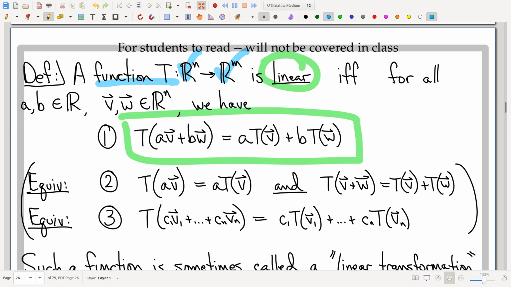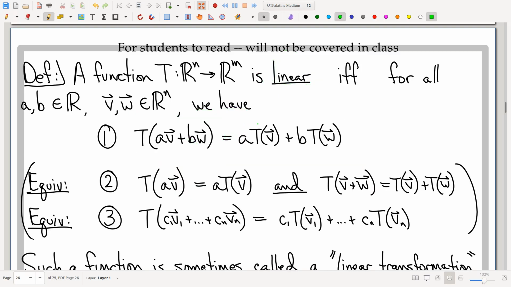But for such a function, linear just means this right here. You could do the linear combination before you plug into the function. You could do the linear combination after you plug into the function. You get the same thing either way. And there's equivalent formulations down here, of course. So anyway, very important to have this takeaway.